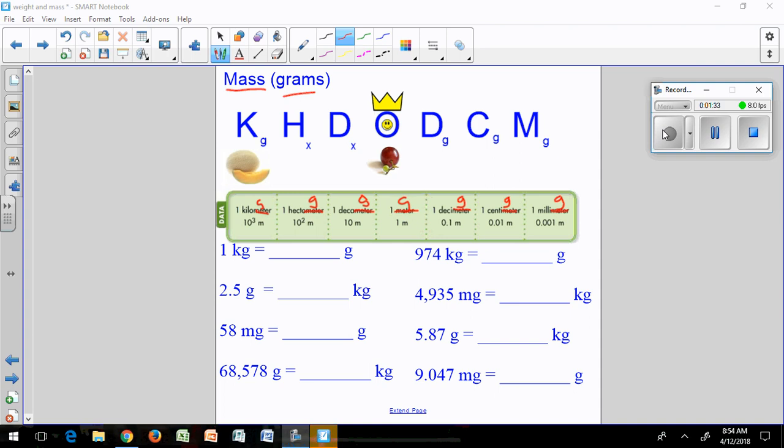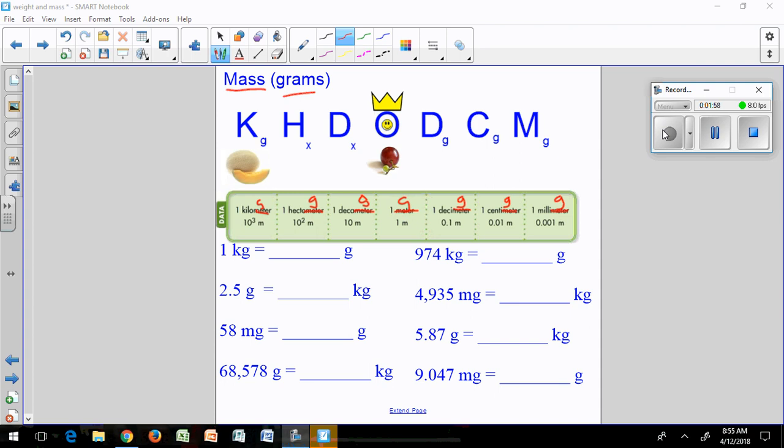We would measure ourselves in kilograms. We might measure an apple in grams, or maybe even a laptop in grams. And milligrams would be something very small, like if you're going to put lemonade mix into a gallon of water to make lemonade or iced tea, you might measure that in milligrams.